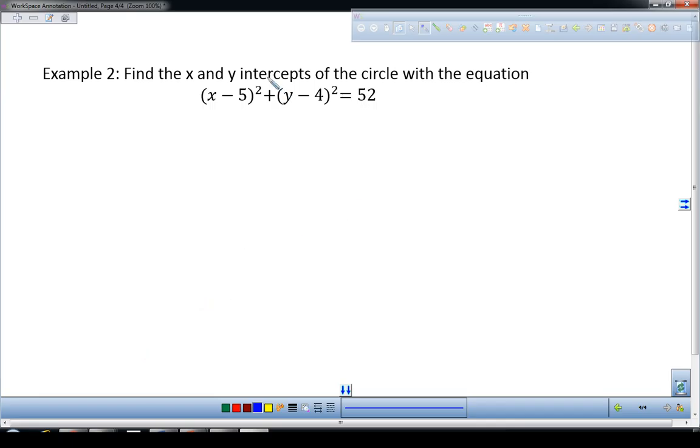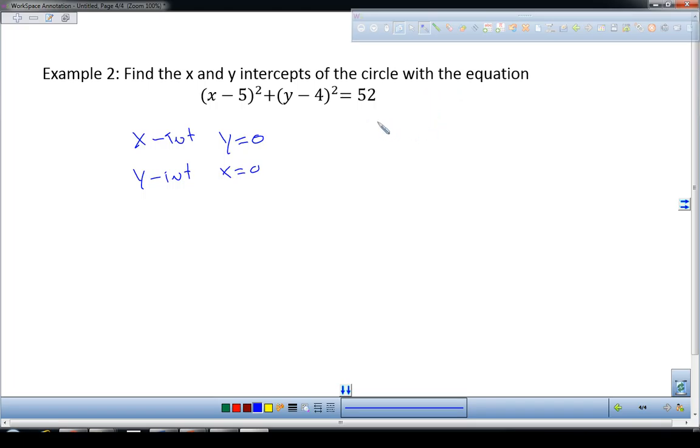Yeah, so the x intercept, y equals 0, right? Because that's where it crosses the x-axis. And the y-intercept, that's where x equals 0. So for the first one, you just plug in y is 0, and you solve.